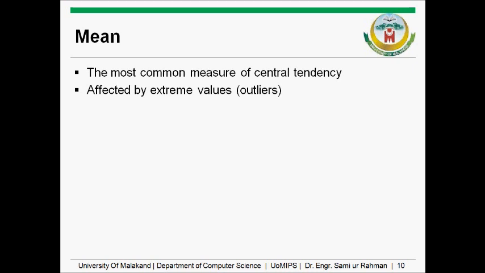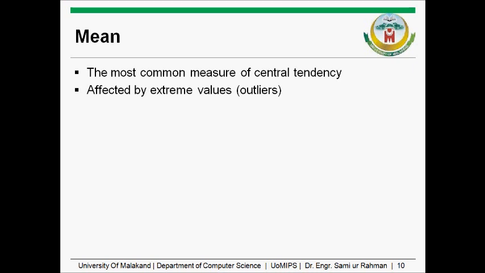So the mean value is affected by the extreme values. Outliers are extreme values. For example, in your class there will be some average age, and who is the most elder student other than me? I am not your student, but who is the most elder one? And who is the youngest one?